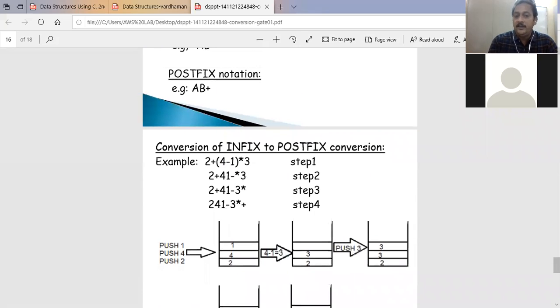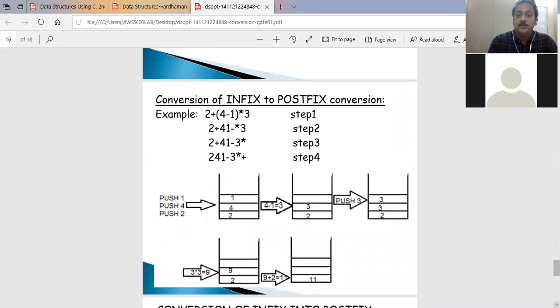While converting an infix expression to a postfix expression, we follow a good number of steps. Suppose this is the infix expression. First, scan the expression from left to right.